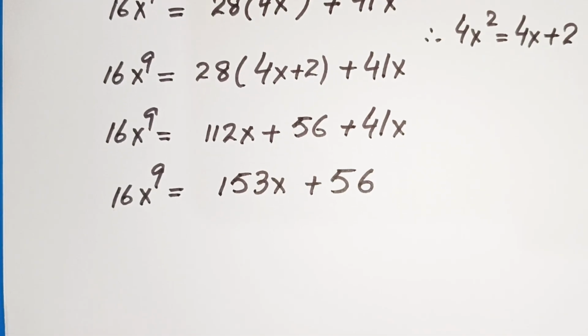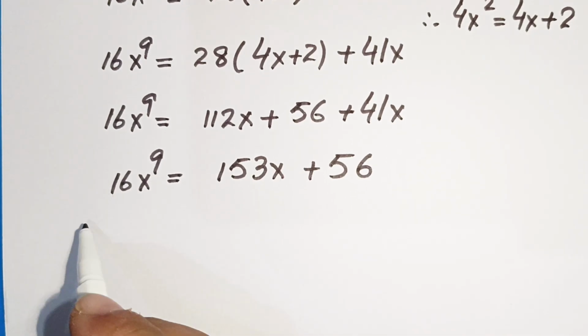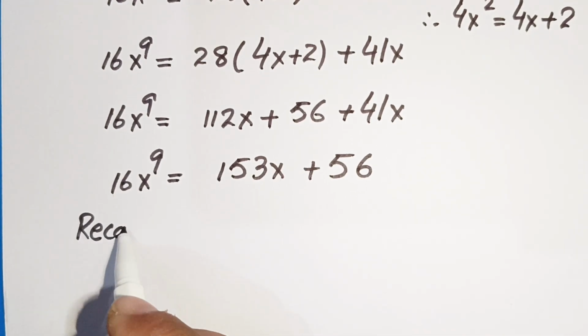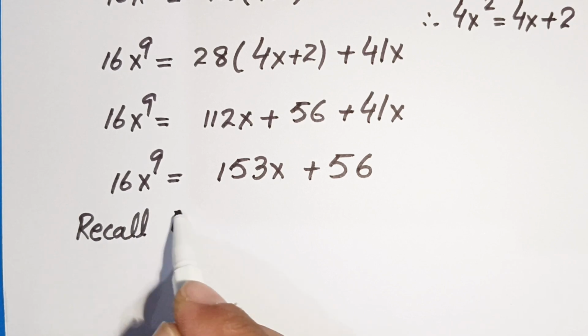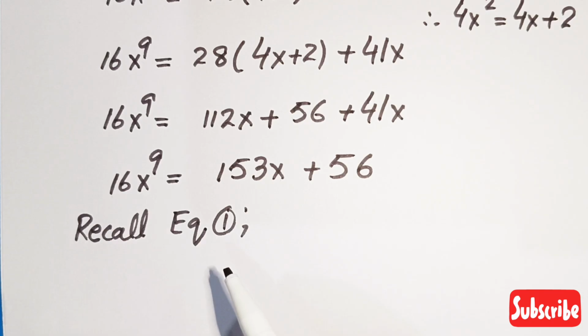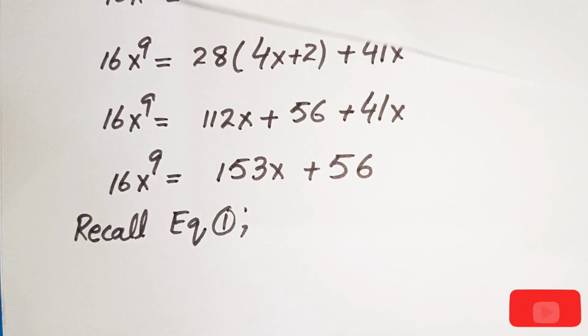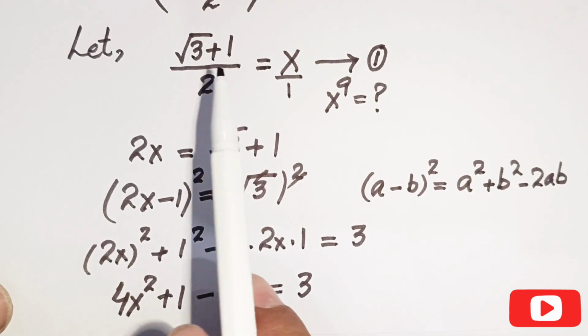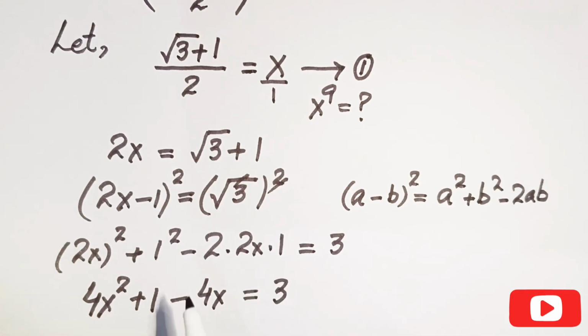So here we have to recall our equation 1. What is our equation number 1? We just supposed that (square root of 3 plus 1) over 2 is equal to x.